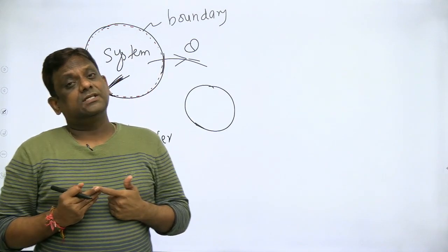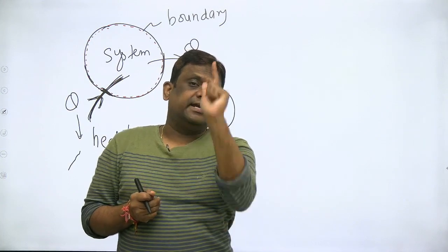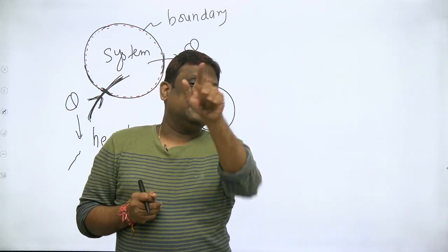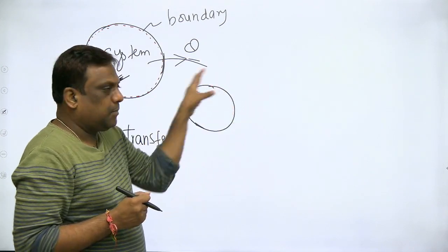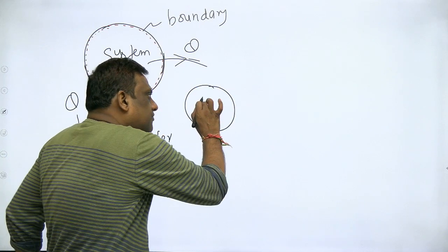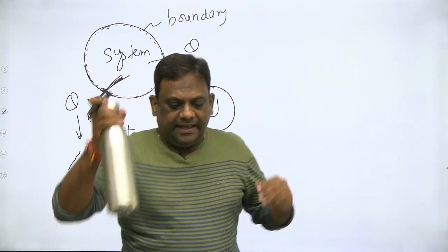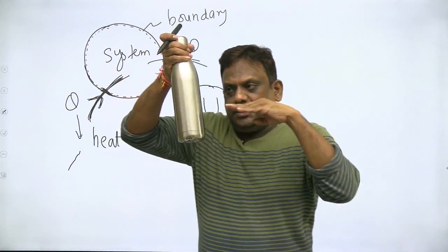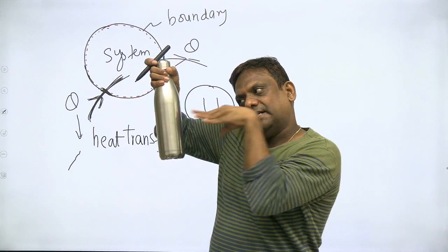Then you may be wondering, sir, I have supplied to the system. It was crossing the boundary, you said heat transfer. Now I stopped, but it is in the system. So what should I call it? Once it stops crossing the boundary, I do not use the word heat transfer. I use the word internal energy. See, for example, I am supplying to this system, so it crosses the boundary and goes inside. That is heat transfer.